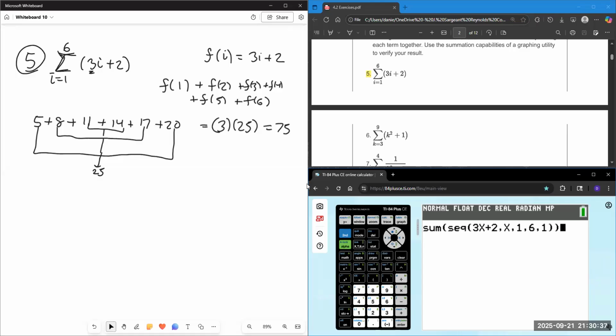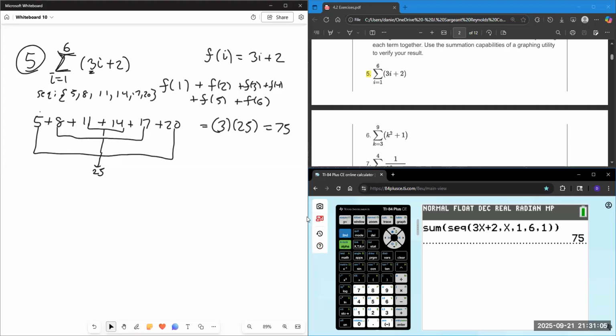So I kind of mentioned that before about this idea of a sequence giving me this ordered list. The sequence would be 5, 8, 11, 14, 17, and 20. And the sum is going to turn it into a summation where it adds everything in the list. It gives me an answer of 75.